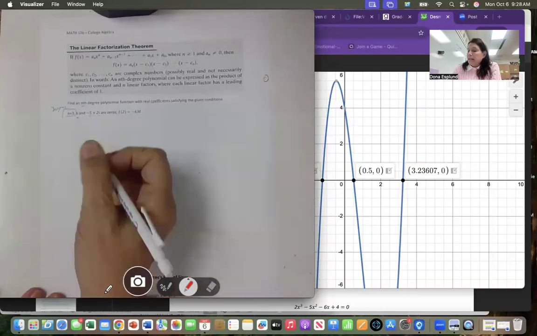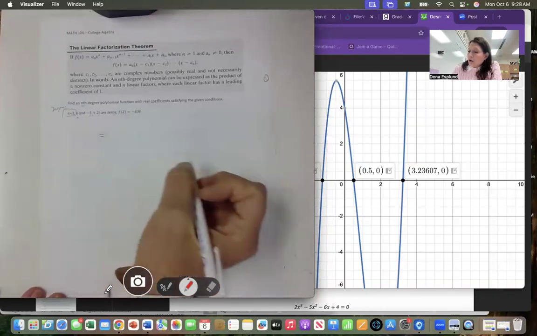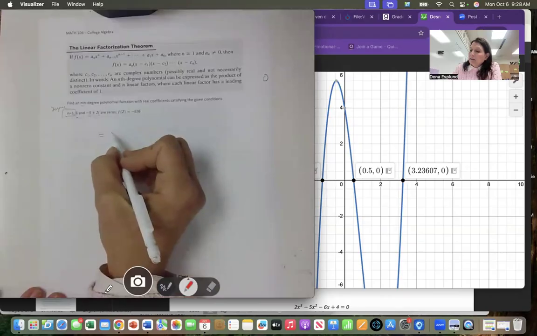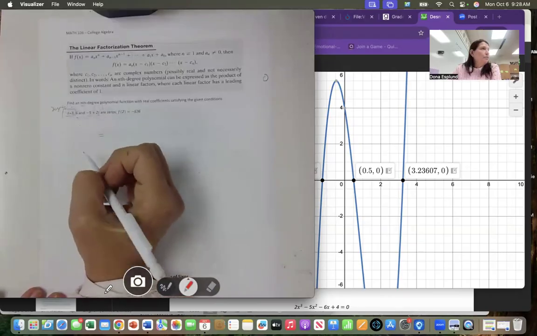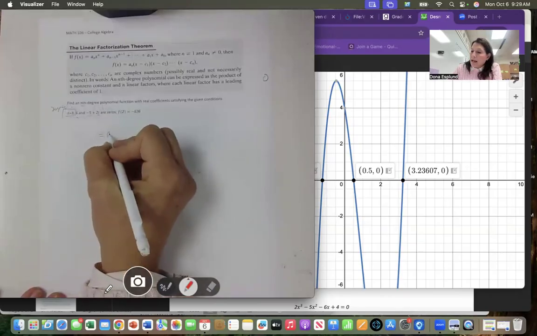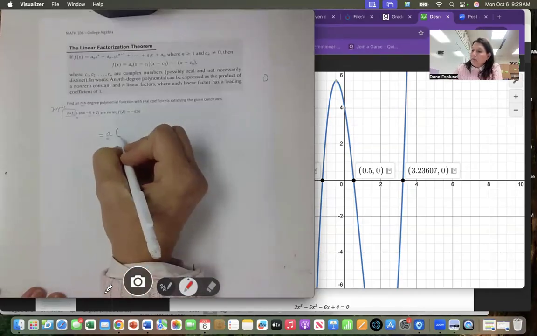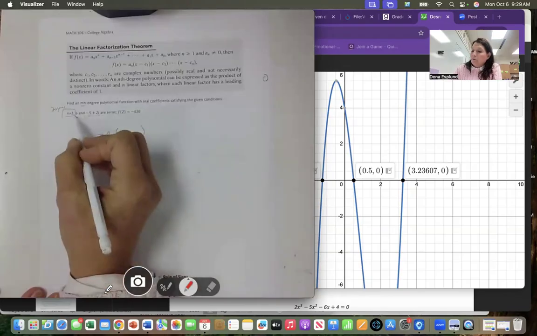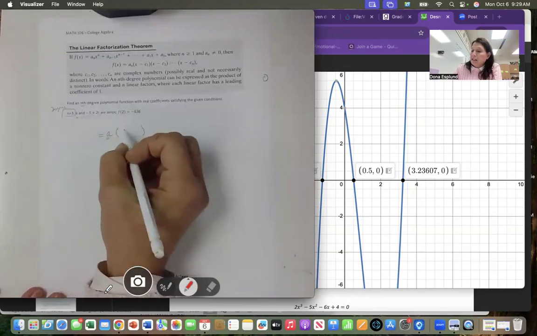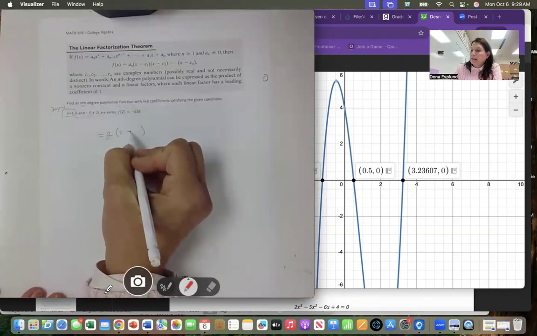So when I write this, I could have a leading coefficient that's not 1. I'm going to let that be A for a second, because we're going to work on that in just a second. But then I'm going to have my factored form. If one of my zeros is 6, I have x minus 6.